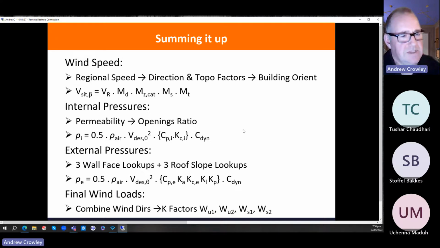Define wind loads, combine the wind directions and the factors, and then you can get what I call WU1, 2, and so on. So wind loads ultimate, across or along. We're usually dealing with rectangular buildings, so we'll have a wind load across the building and a wind load along the building. You'll have that at ultimate limit state, but you'll also have that at serviceability limit state.